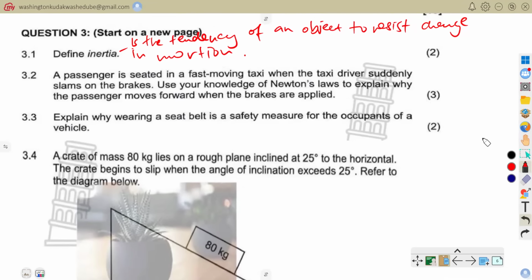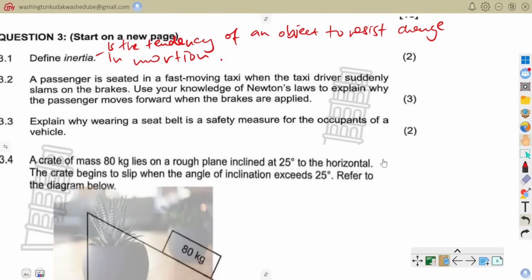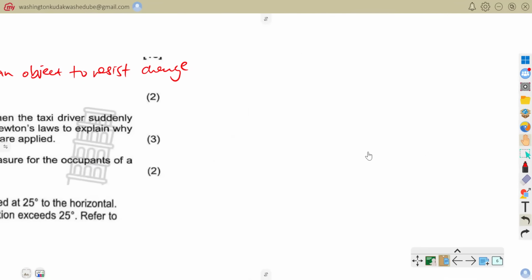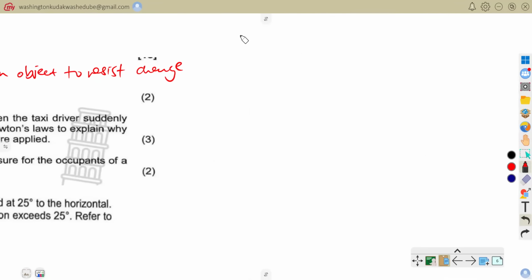Let me use this side where I will write 3.2. Let's say this is your taxi. I will simply try to draw a pictogram of a taxi and its passengers. Just pardon my drawing, but I'm sure it will make sense.